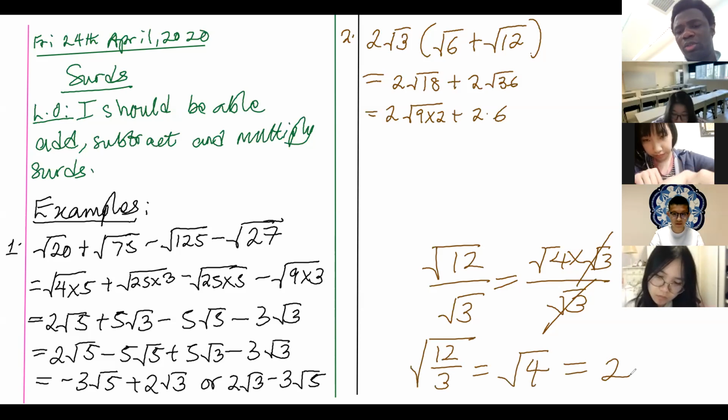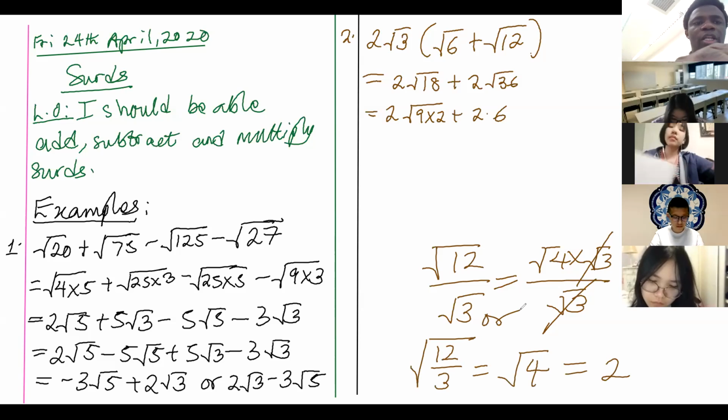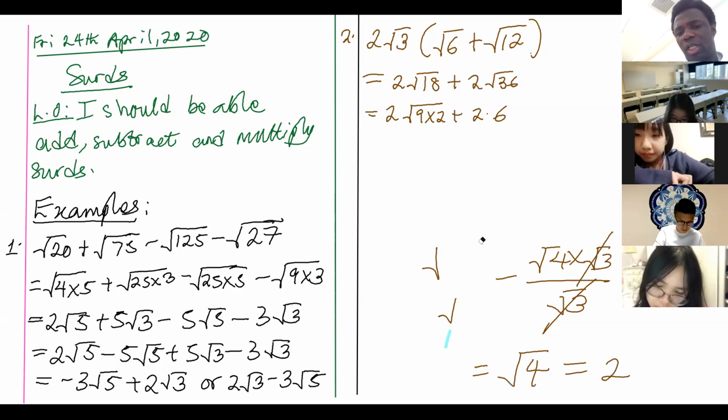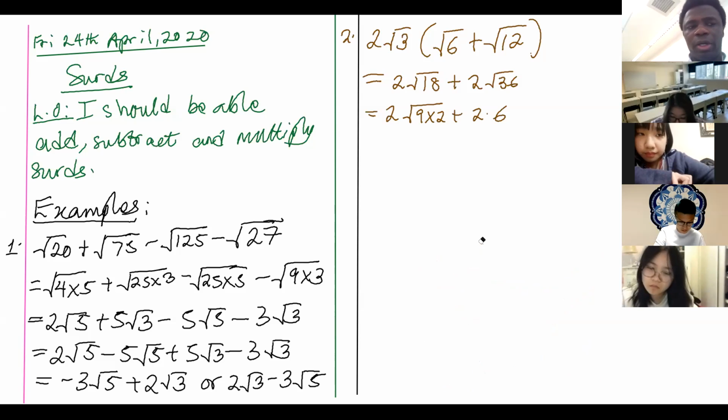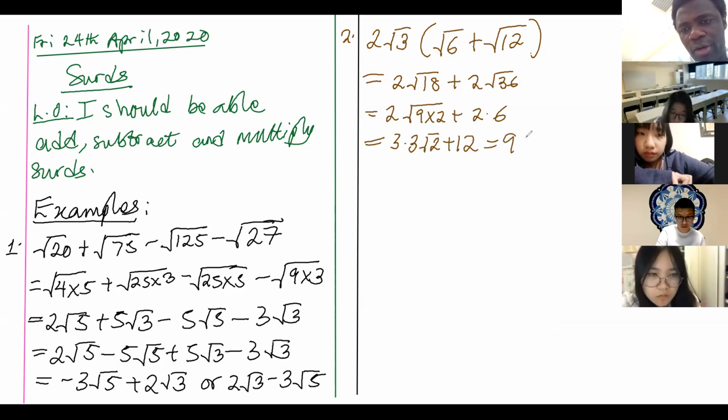You can do this or this. But in multiplication, you can multiply out, then simplify. All right. So 3 comes out of this. 2 times 3 root 2 plus 12. That is 9 root 2 plus 12.